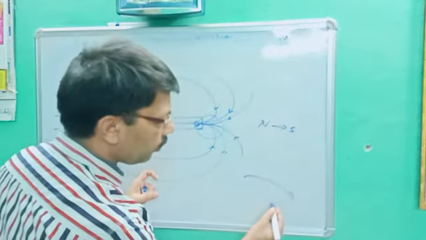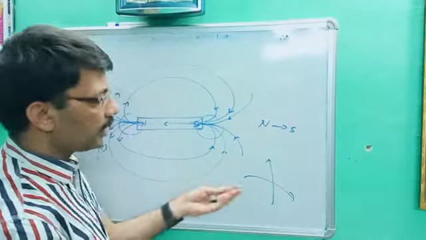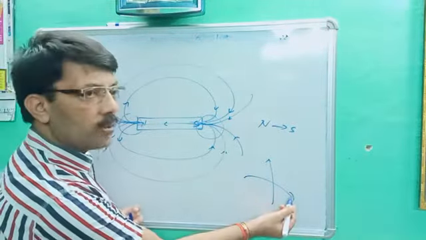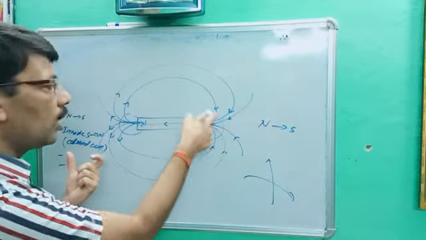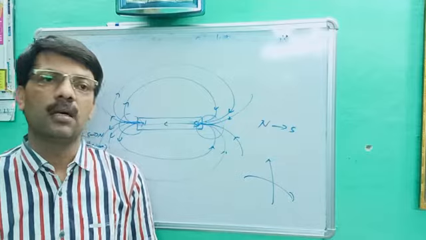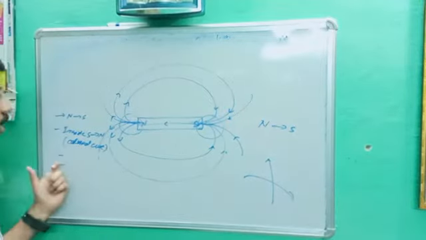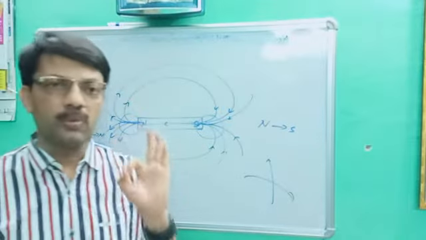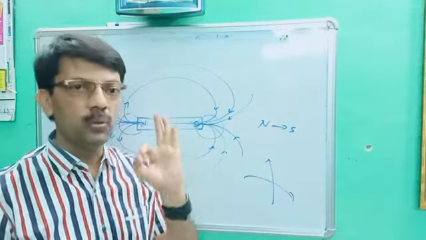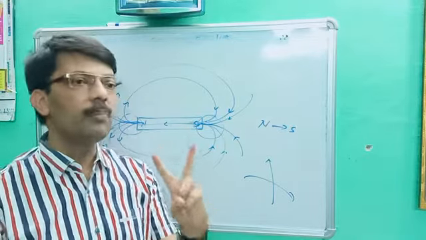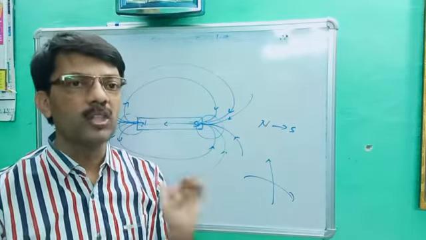If they did so, there would be two directions. You know in mathematics, two lines intersect only if they have two directions, but here there is only one direction, north to south. That's why two lines of force do not intersect each other. Are you getting the point? Because if they did so, there would be two directions, which is not possible.